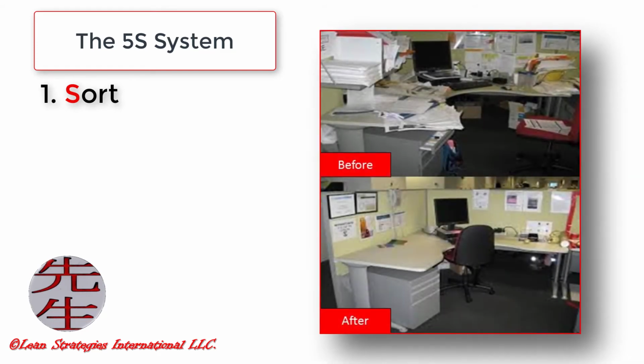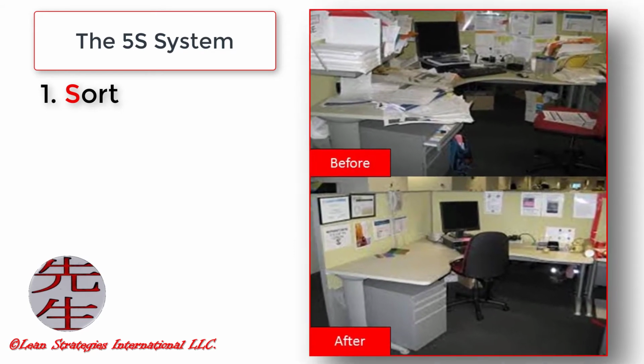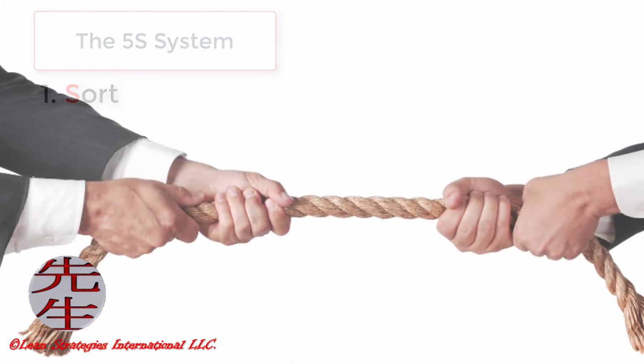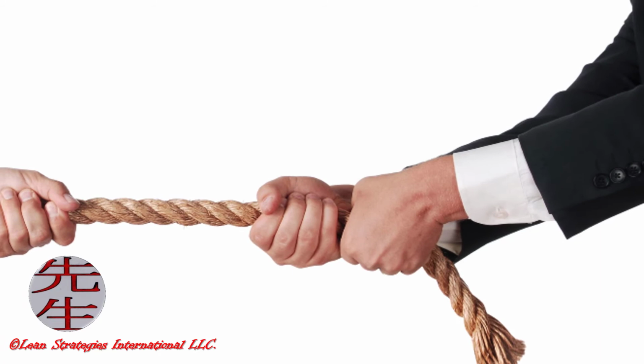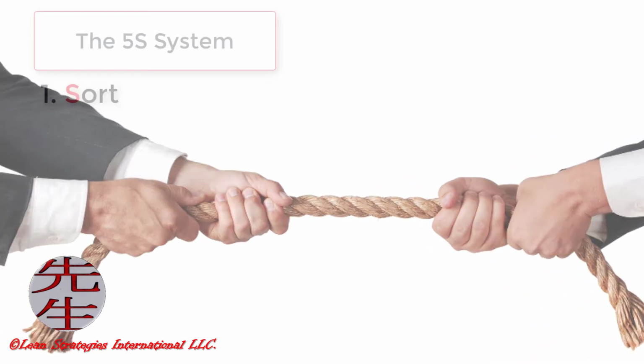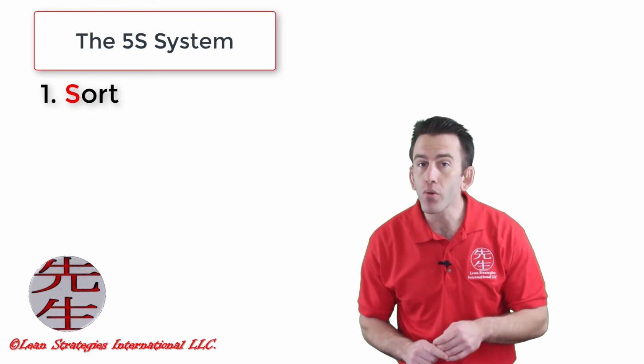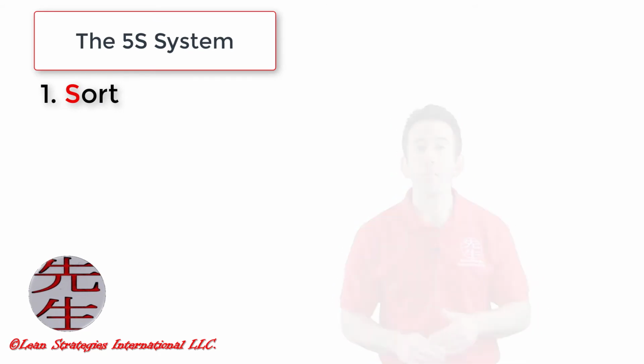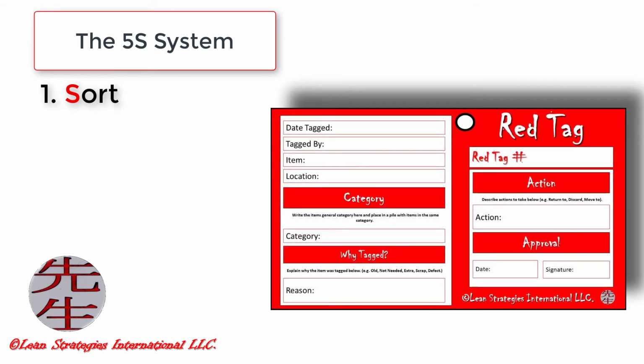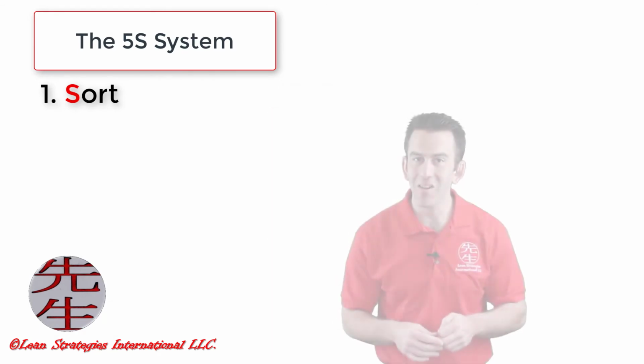If you have ever cleaned your room before, you can probably understand that this step is sometimes very challenging for people to complete. In later lectures, we'll discuss some helpful tools that you can use to make the first phase of your 5S journey a bit easier.